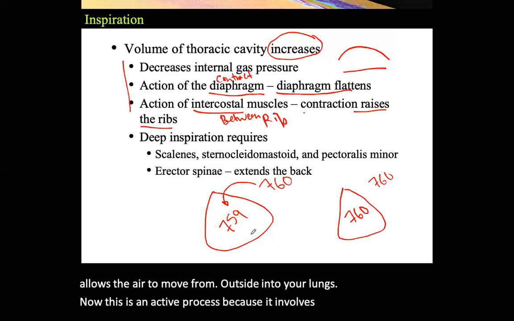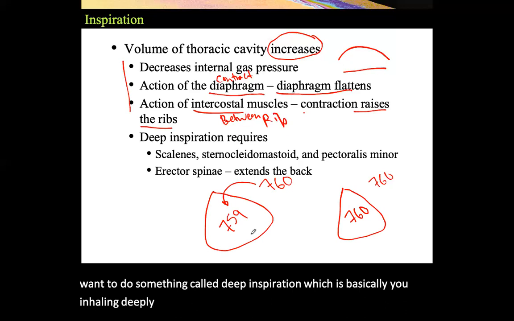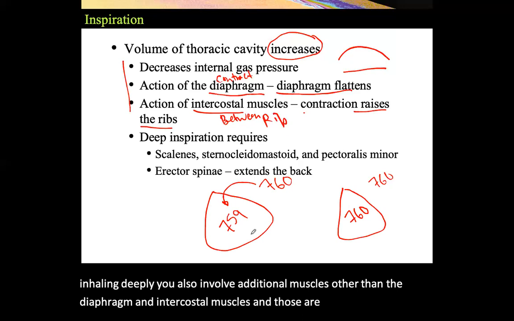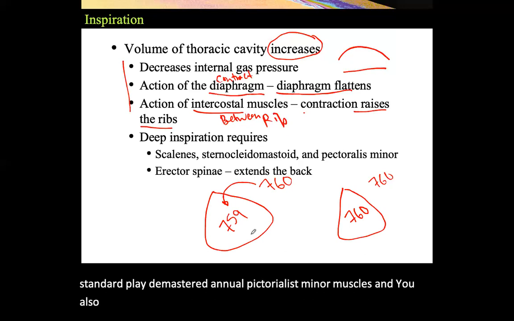However, if you want to do something called deep inspiration, which is basically you inhaling deeply, you also involve additional muscles other than the diaphragm and intercostal muscles, and those are your splenius, your sternocleidomastoid, and your pectoralis minor muscles. And you also use the erector spinae, which extends your back.